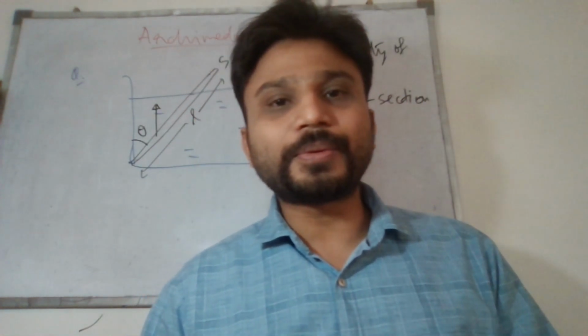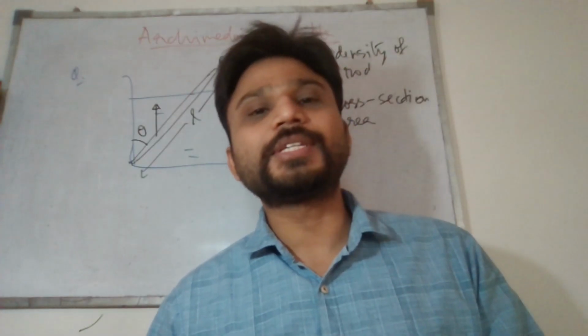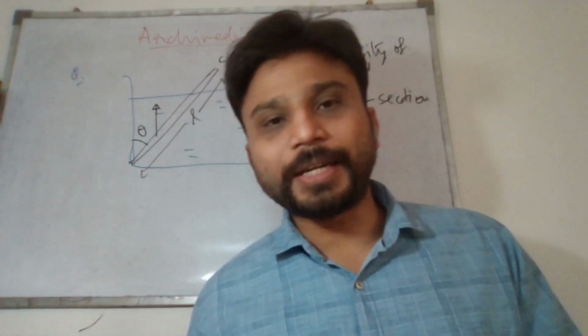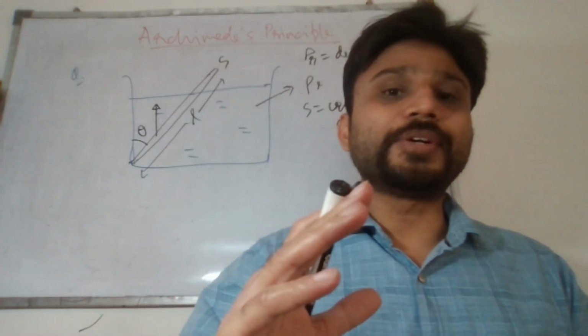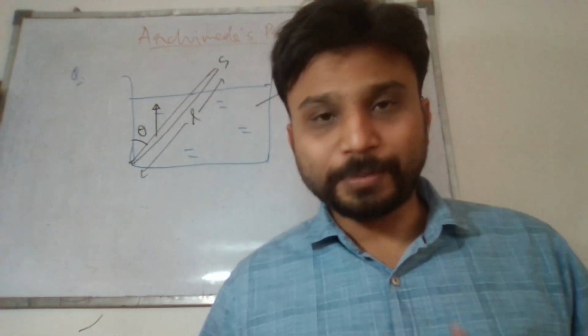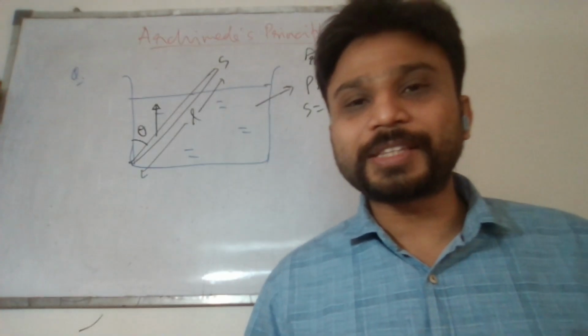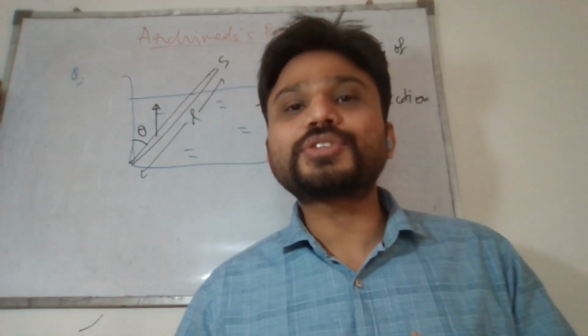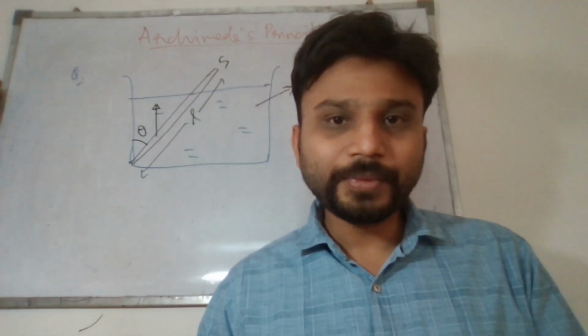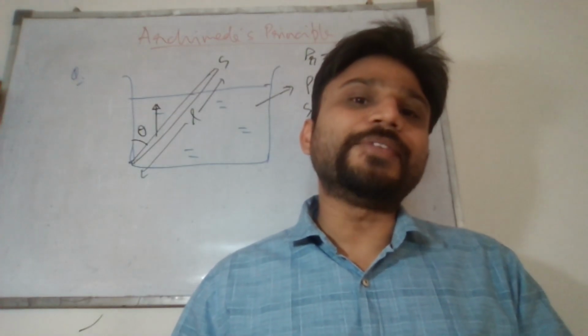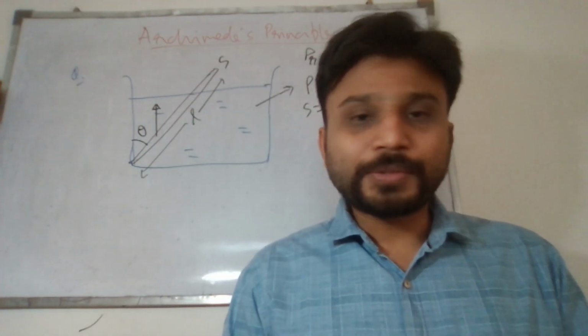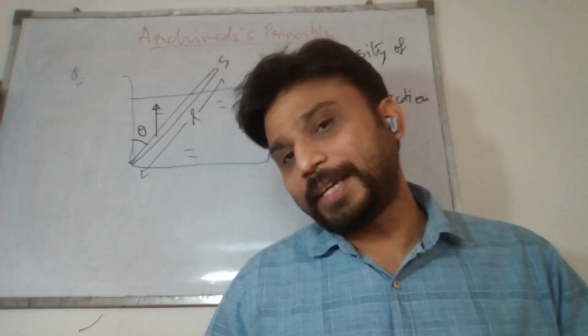There was no question whether the buoyant force is acting in some other line, able to tilt the body or displace the body. That was not the case. It was simply an application of the formula which we learned. Here we want to see where it acts. So where do you think the buoyant force will act here?